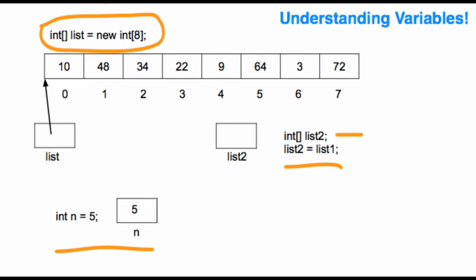What happens here is we create a box, a variable called list2, telling Java that that box will eventually be able to reference an array of integers. That's all Java knows at this point. So it creates the box and calls it list2.